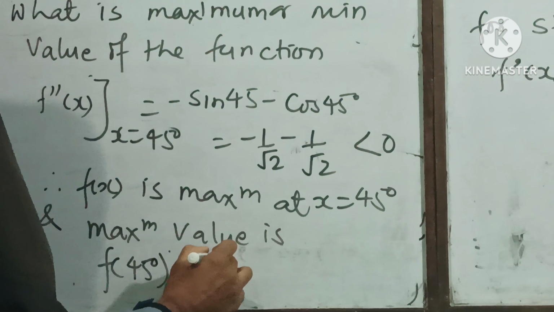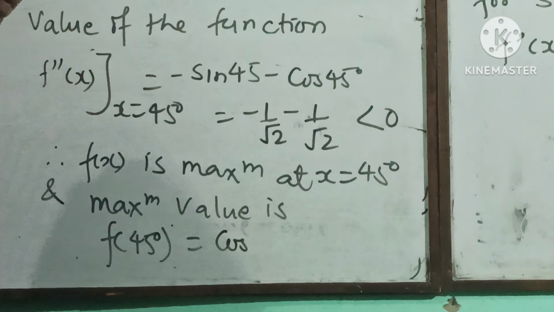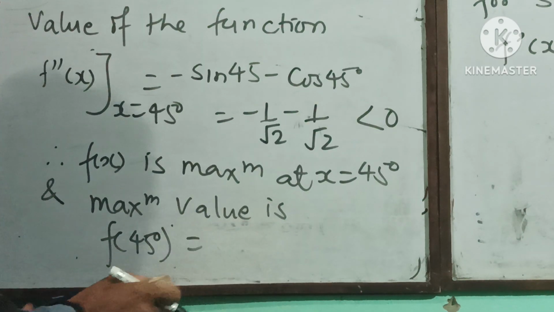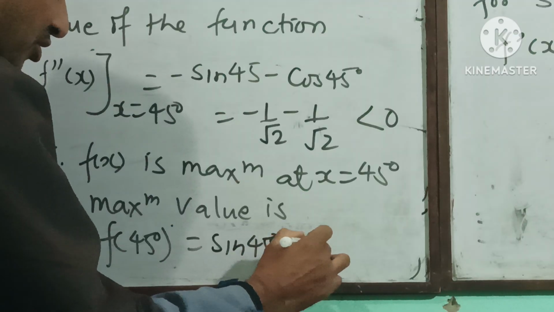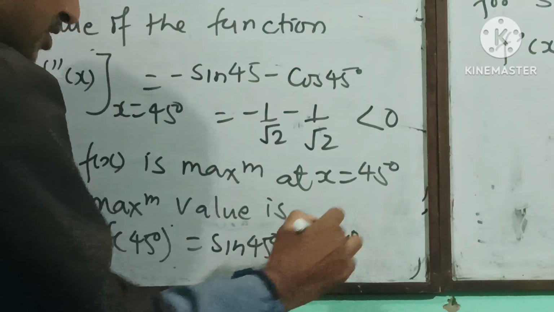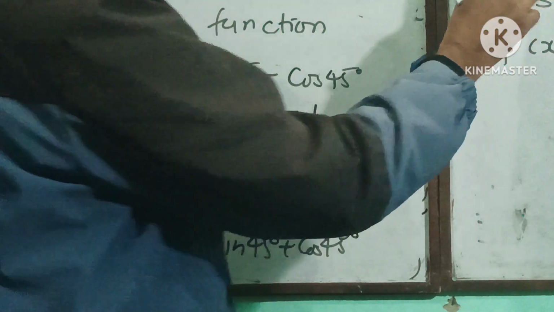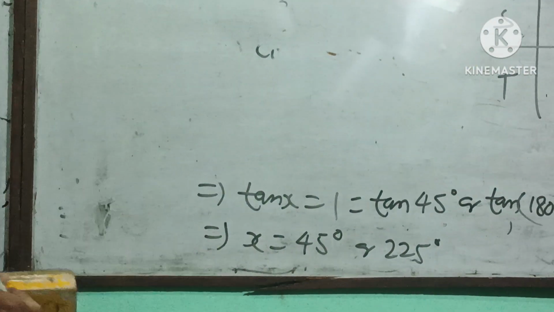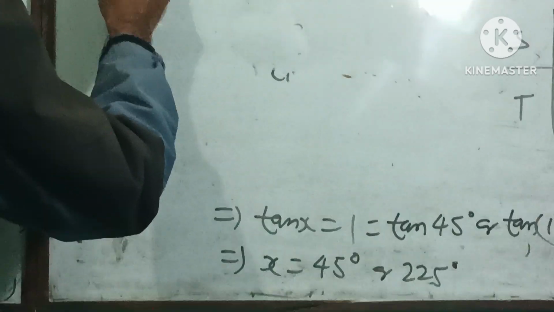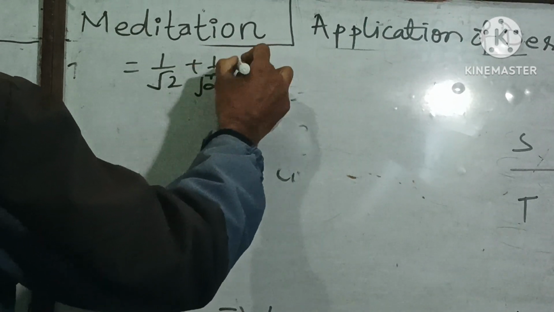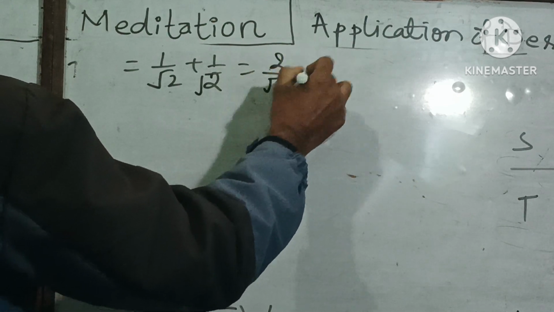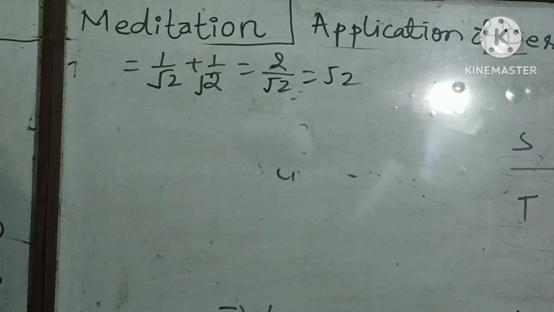So this is sin 45 degrees plus cos 45 degrees. So the maximum value is equal to 1 by root 2 plus 1 by root 2, which means 2 by root 2, that is equal to root 2. Clear?